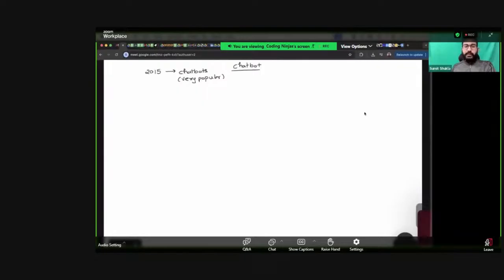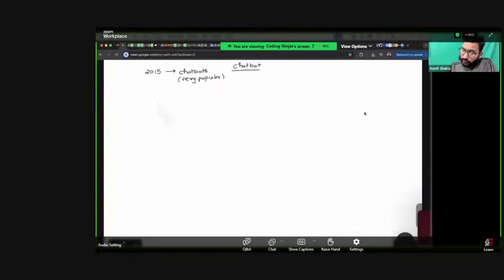You would have seen that every other website or company was implementing a chatbot in their website or application. But how were these chatbots actually functioning?